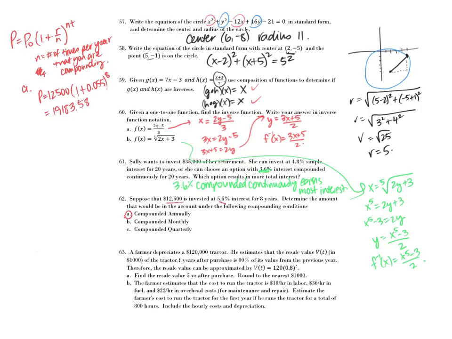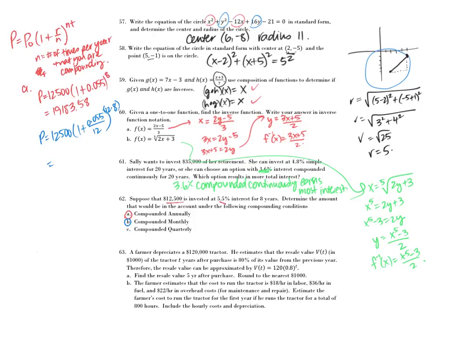Okay, if we compound monthly, that means we're compounding 12 times a year. So if we plug that in, one thing you might remember when you plug this in is to put parentheses around that exponent, because you want to raise it to the 96th power.